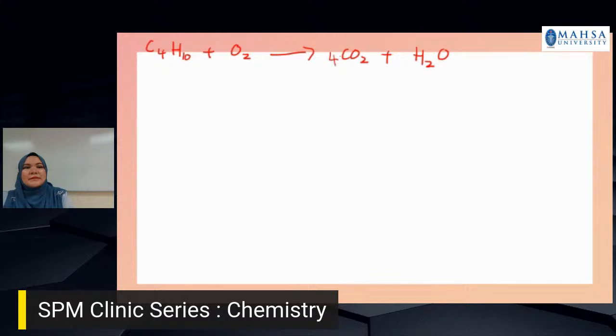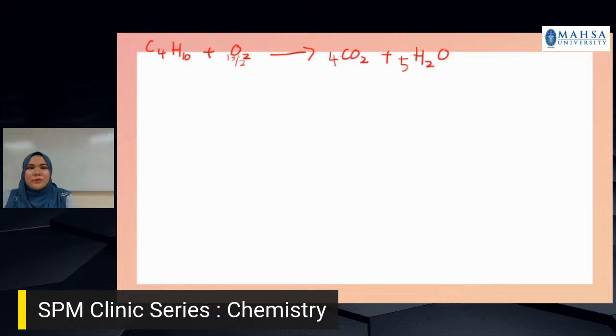At the same time, hydrogen equals 10, so here you have 2, you need to add 5 H2O. And then the last one is oxygen. If you want to balance a chemical equation, oxygen will be the last element that you need to balance. The first one is carbon, second is hydrogen. So according to this information, you can see 8 plus 5 equals 13. So 13 over 2.